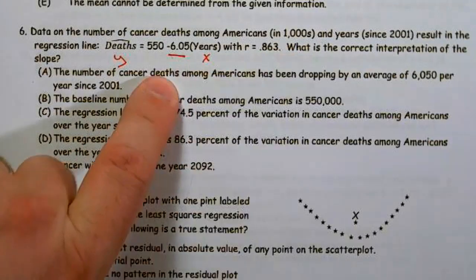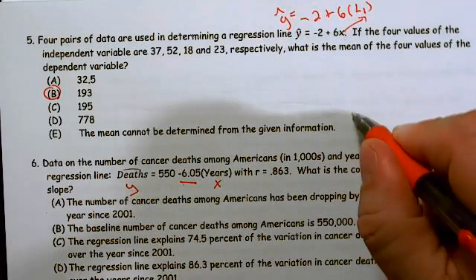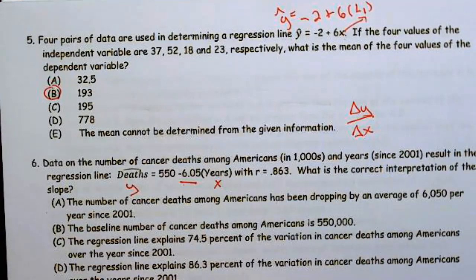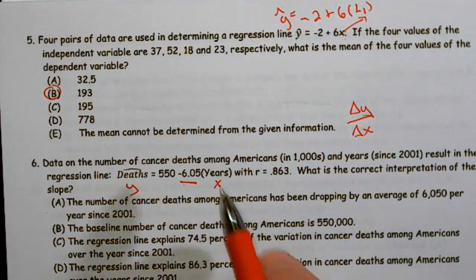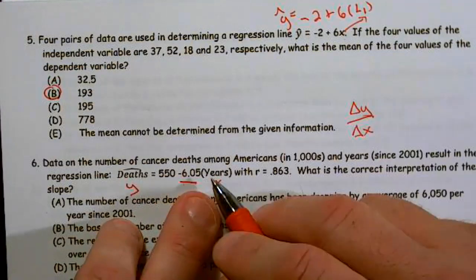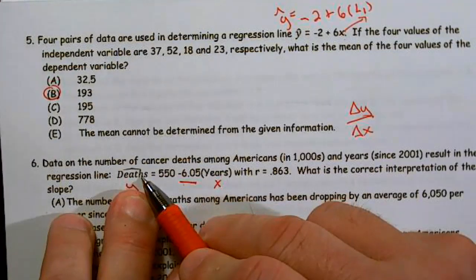So this is what I'm interested in. Well, please remember, slope is the change in Y over the change in X. All right, change in Y over the change in X. Well, my X variable is years, my Y variable is deaths.